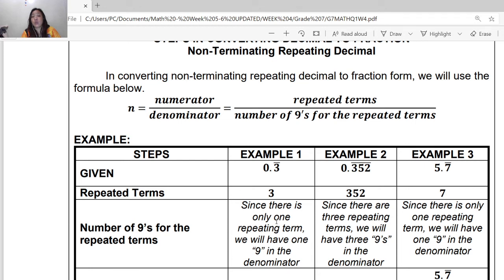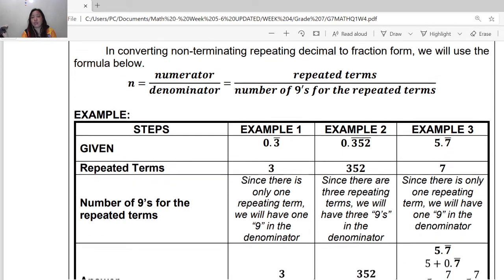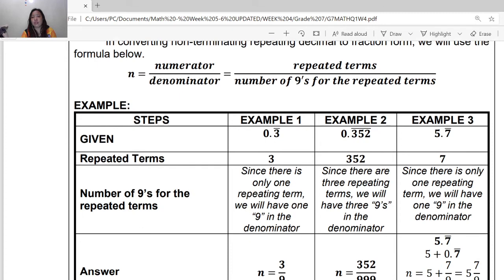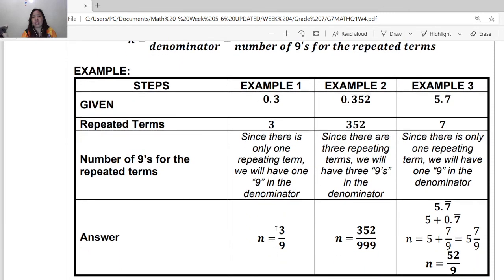Since there is only one repeating term, we will have one 9 in the denominator, and that is 3 over 9. But you can still reduce this one, which is 1/3.